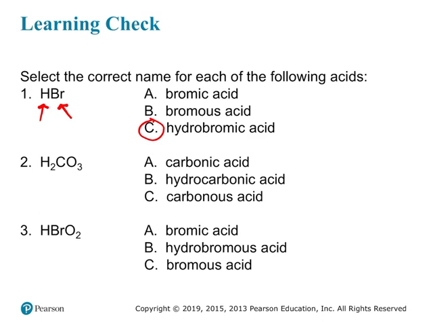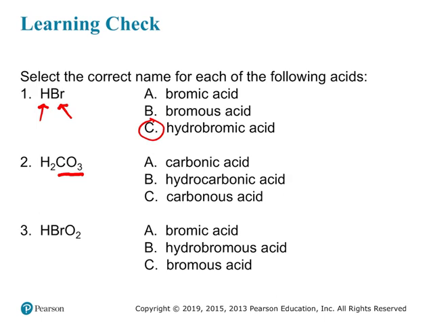All right, what about the next one, H2CO3? Is this carbonic acid, hydrocarbonic acid, or carbonous acid? All right, so let's do a process of elimination. In this acid, we have CO3, which is a polyatomic ion.